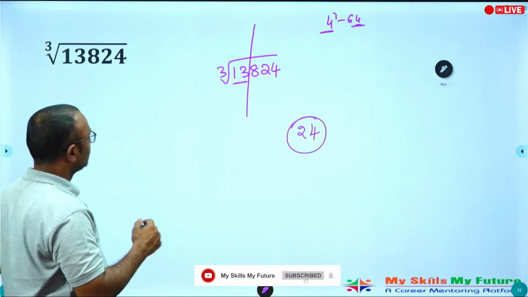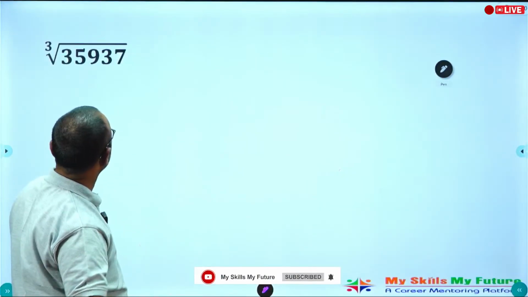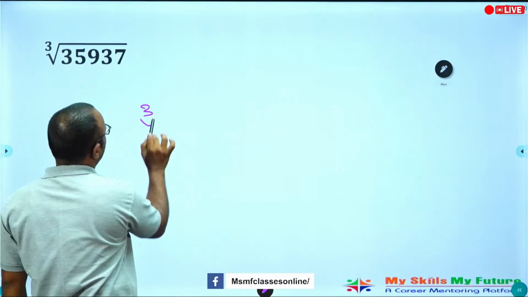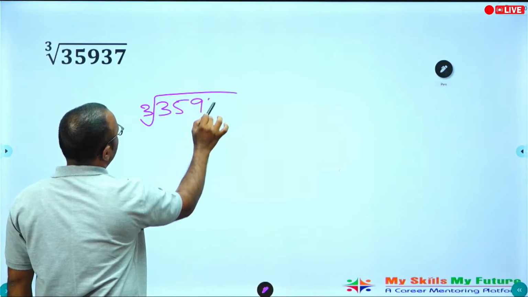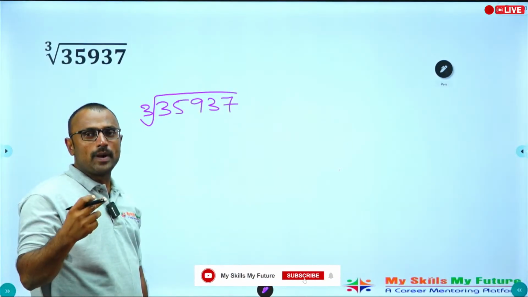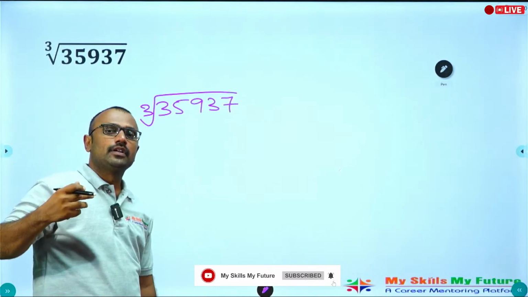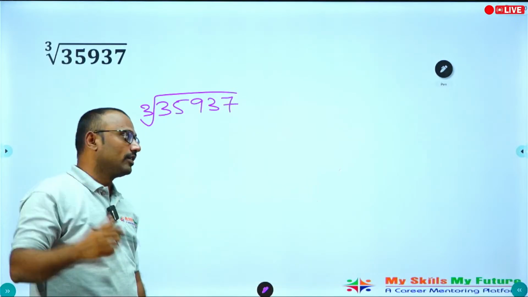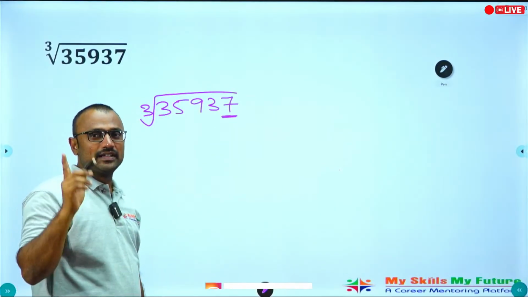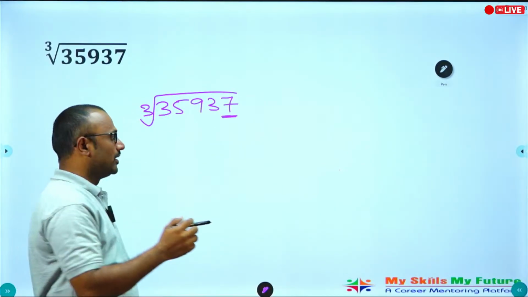Next, the cube root of 35937. Which cube ends with 7? 3. If the cube of a number ends with 7, then the number ends with 3. So write 3 here.